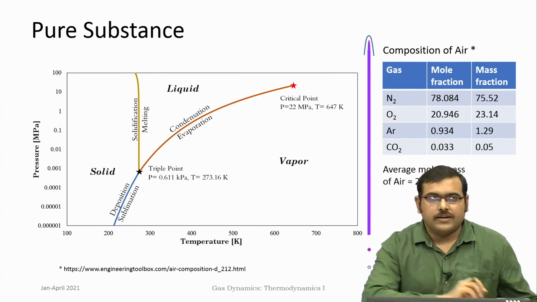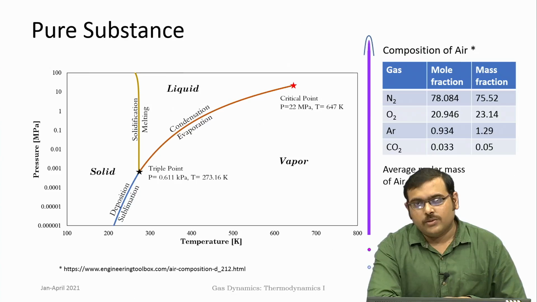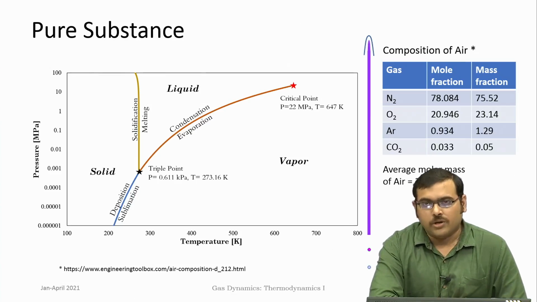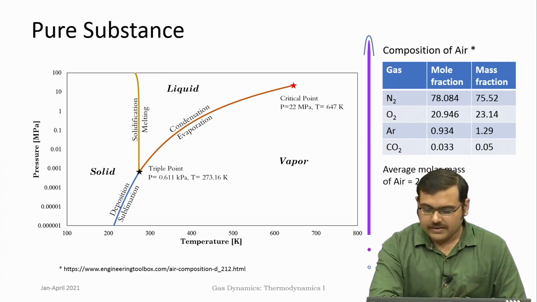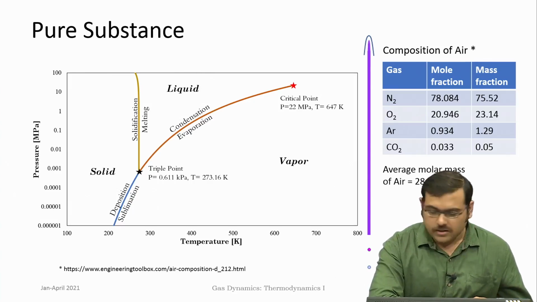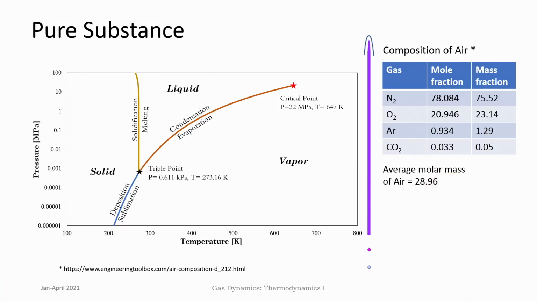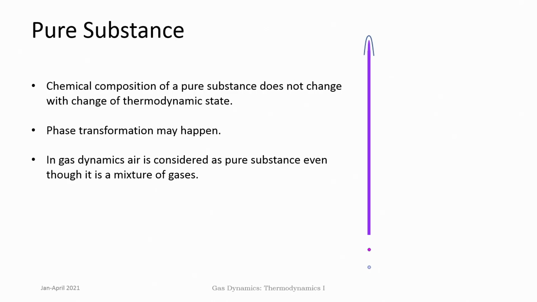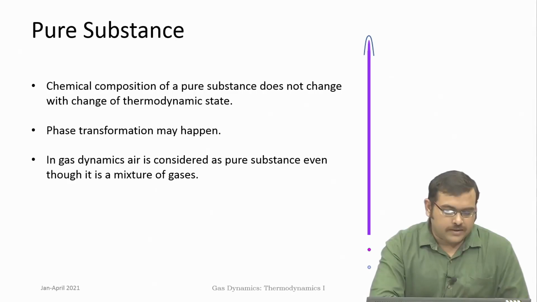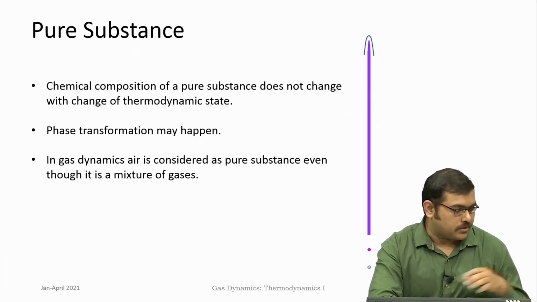We do not have to consider the individual behavior of these molecules, but we will consider the average behavior for air, and it has an average molar mass of 28.6 kilograms per kilomole. So for all practical purposes in the course, air is considered a pure substance throughout the course.